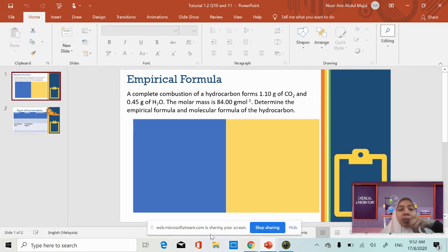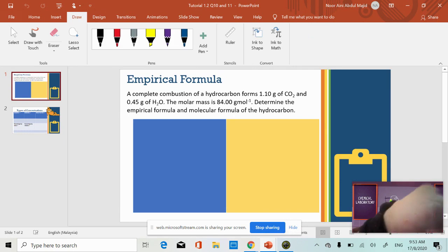Now it says a complete combustion of a hydrocarbon forms 1.1 gram of CO2 and 0.45 gram of H2O. Now, what do we understand by the word combustion? Combustion means something is burned, therefore, it has a reaction with oxygen. Hydrocarbon means the compound contains only carbon and hydrogen.